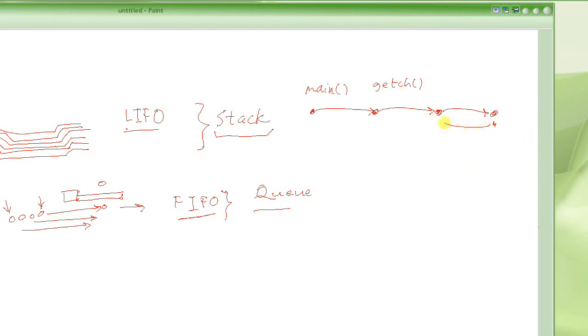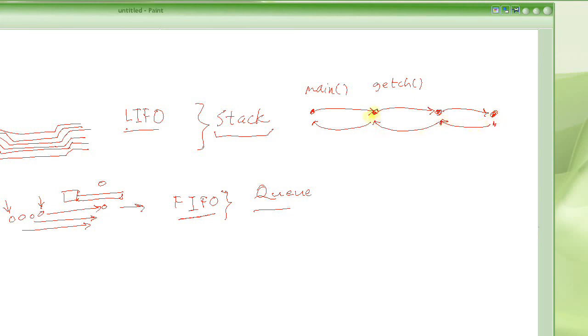When it returns, we come back to this function. Then this function returns, we come back to this function, and when this function returns, we come back to this function. So if you look at it, what's going on here? We are calling this function, then this function calls this function, and then this function calls this function, and the first function that completes is the function that was called last. This function was called last, so it completes first.